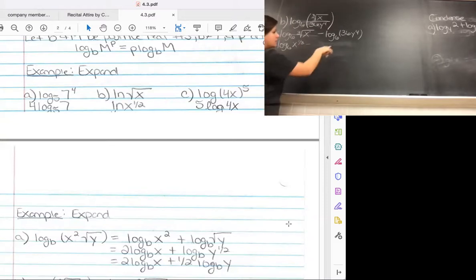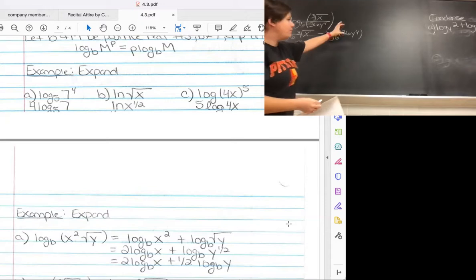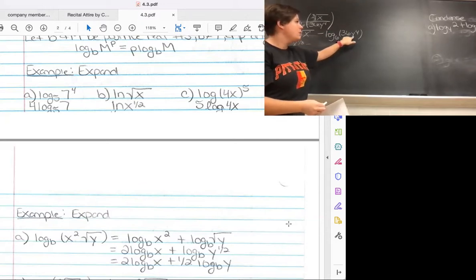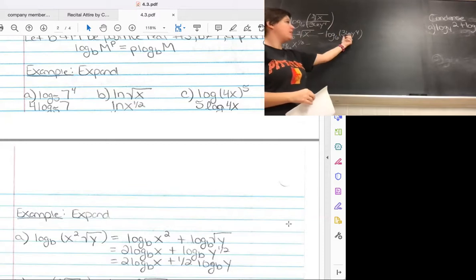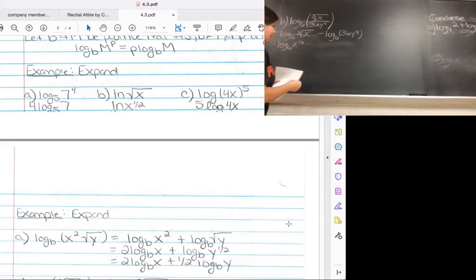And I have minus. Now over here, if we look at this, I have log base 6 of 36 times y to the 4th. So I have a product rule going on over here that I could go ahead and expand out. So I'm going to do that. And I'm going to use a big set of parentheses so I don't forget that all of this stuff was in the denominator.